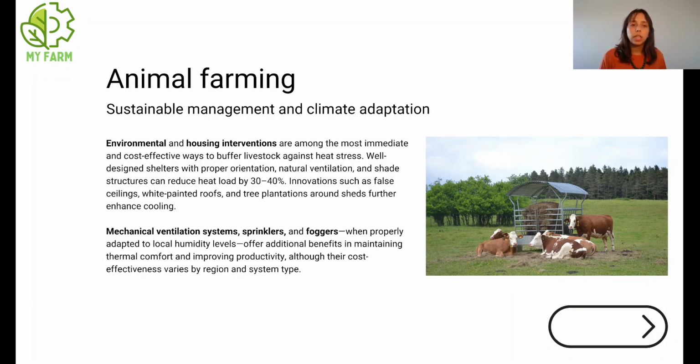Innovations such as false ceilings, white painted roofs, and tree plantations around sheds further enhance cooling. Mechanical ventilation systems, sprinklers, and foggers, when properly adapted to local humidity levels, offer additional benefits in maintaining thermal comfort and improving productivity, although their cost effectiveness varies by region and system type.